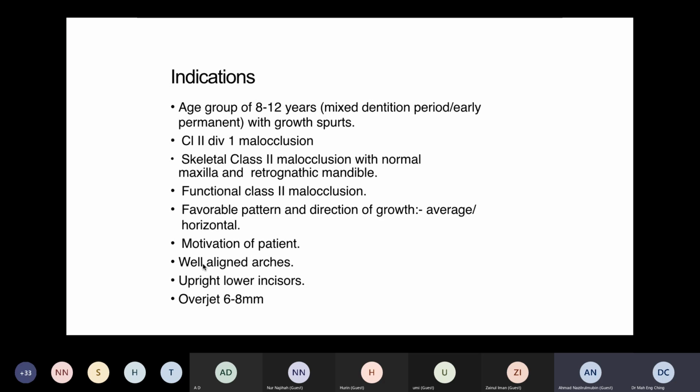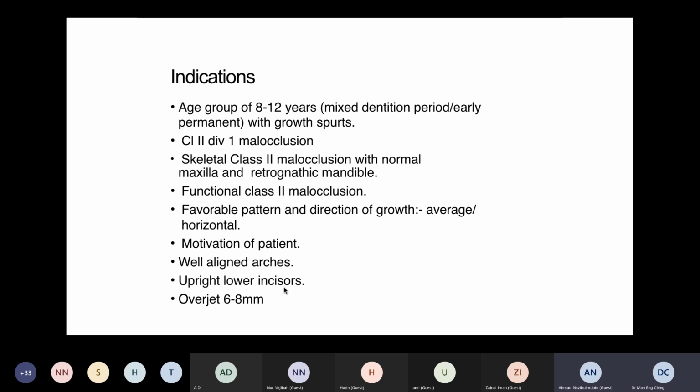So upper, lower incisor, so upright lower incisor. This myofunctional has a side effect: they will proclaim the lower incisor most of the time because of the forces. So you're pulling the top teeth backward, which means you retrocline the upper incisor, and you proclaim the lower incisor because you're pushing the lower teeth forward.